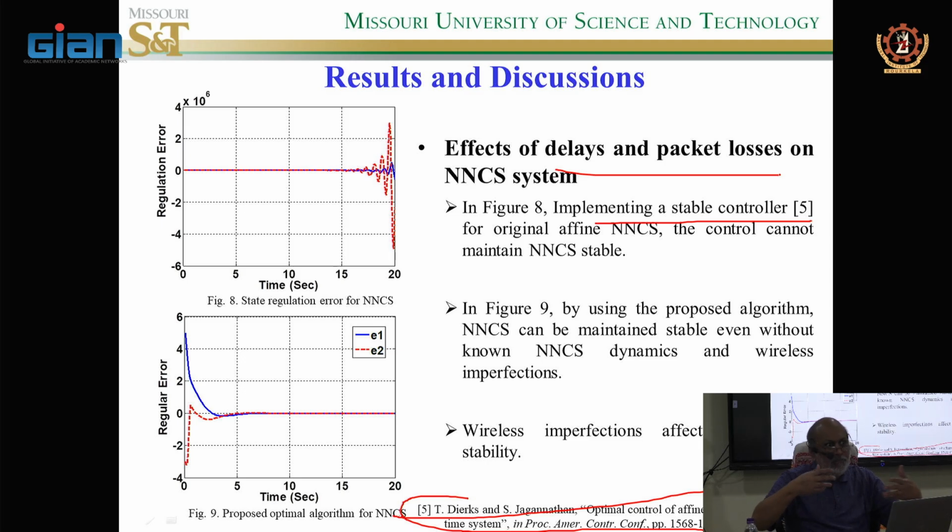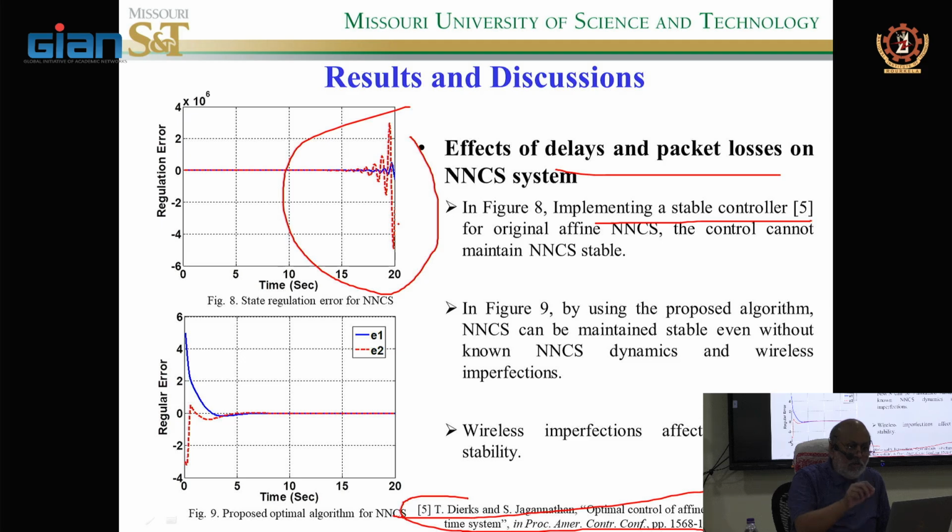So I try to see what will happen. What happened here? It blows up. So what does it tell us? It tells us that delays and packet losses can cause instability, even though that particular controller is able to stabilize the nonlinear system without delays and packet losses. You understand the difference now?